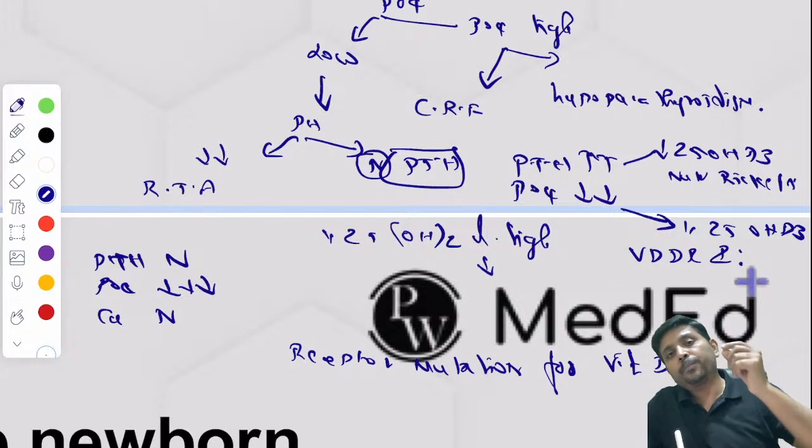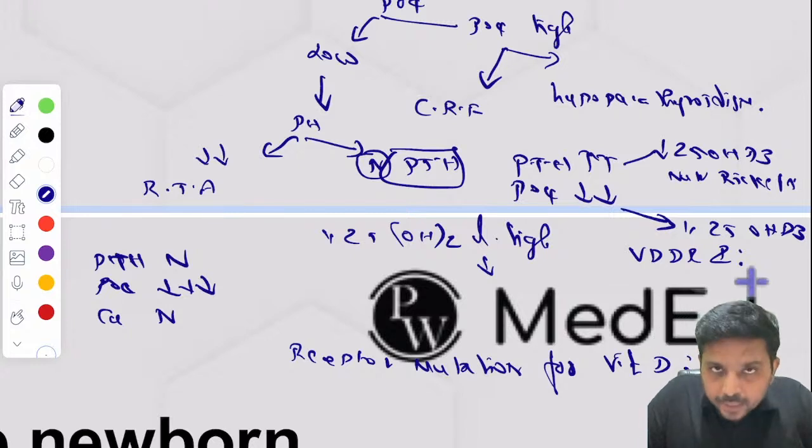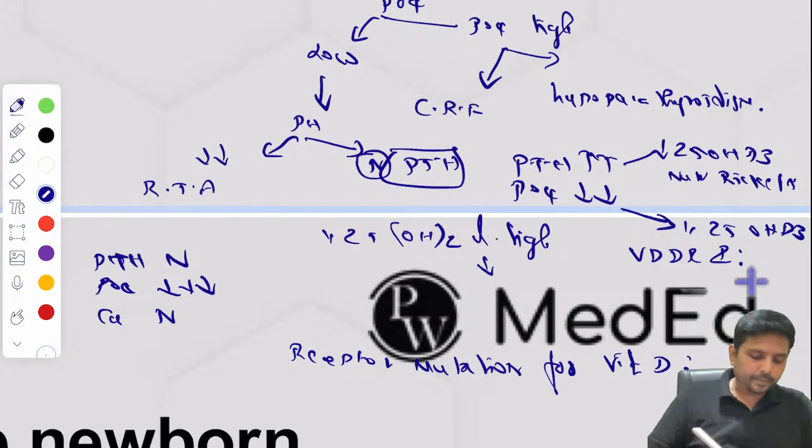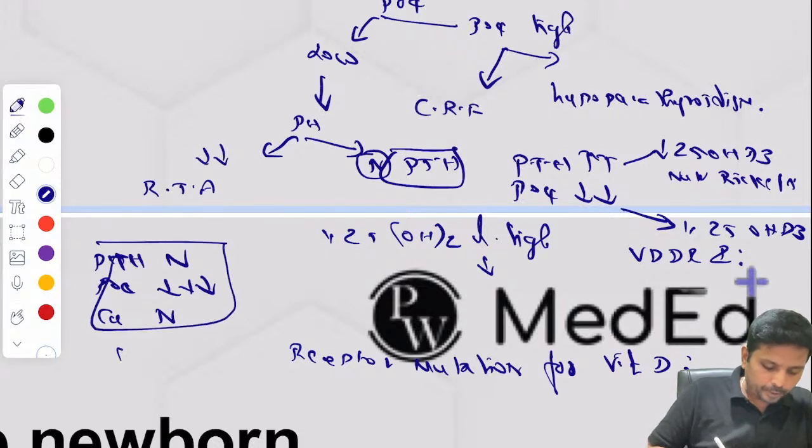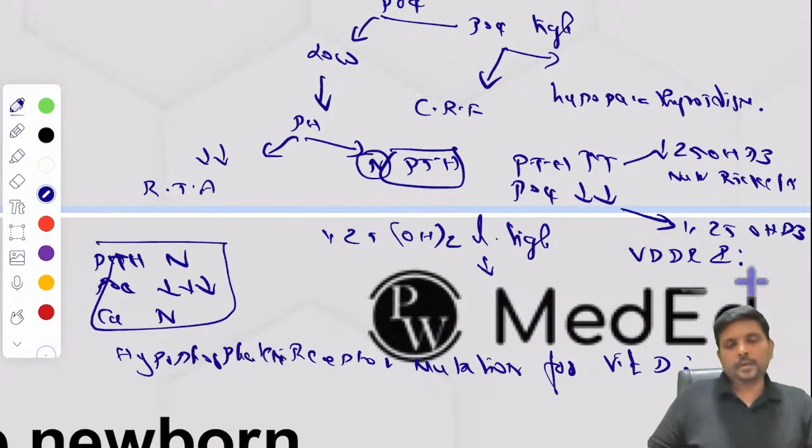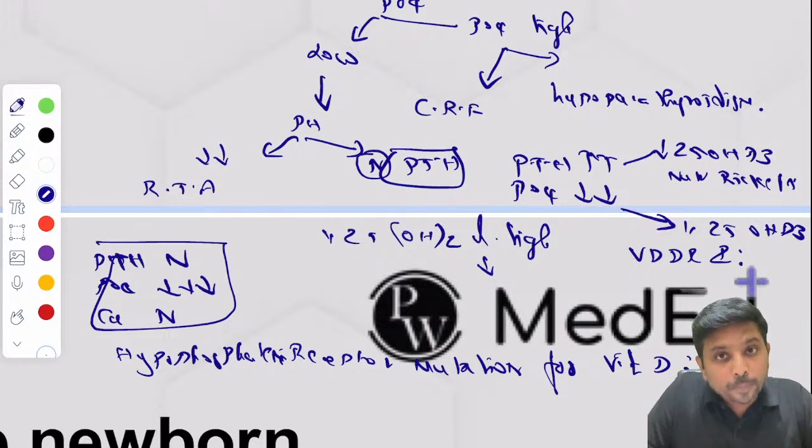Whereas when you have hypophosphatemia, parathyroid hormone will not be secreted and remains the same. This is called hypophosphatemic rickets, characterized by low phosphorus but normal parathyroid hormone level.